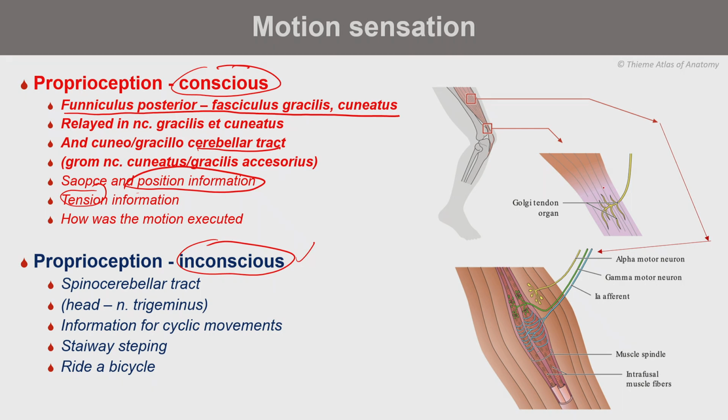This information is made by two systems. One is the Golgi tendon organ. So this is an ending which is in the interface, typically the interface of a tendon and muscle, the musculotendinous interface. But also similar sensors are in ligaments, which are informing us about the tension of the capsule of the articulation.